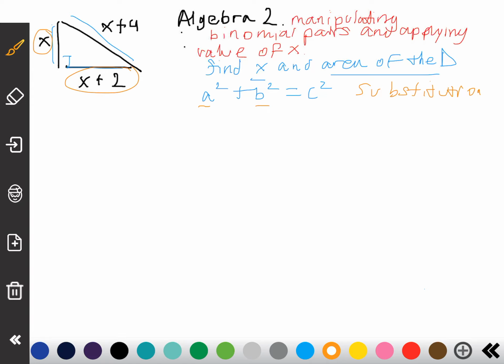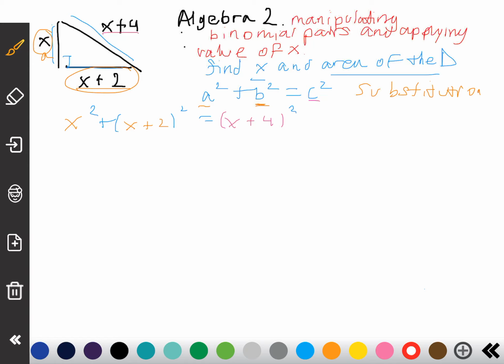So a squared, I'll input that as x, and the b will be the x plus 2. And everything else will be rewritten, so this is to the second power, this is plus, and this is to the second power. And the c squared is actually considered as the hypotenuse of the triangle, so that c squared is x plus 4. So I'll put that here. And again, this is to the second power.